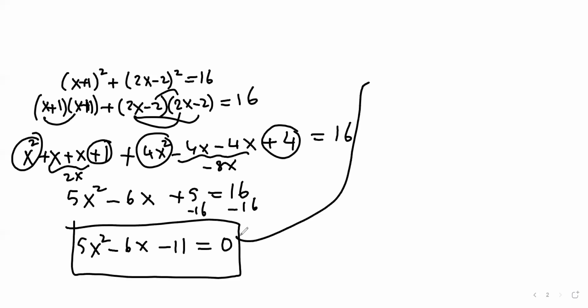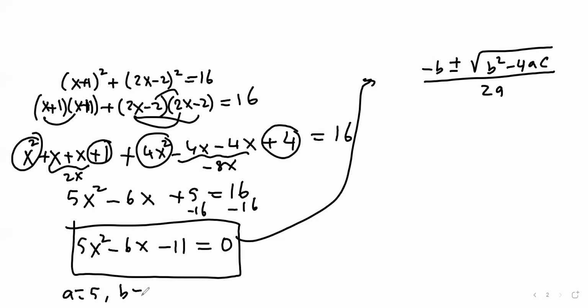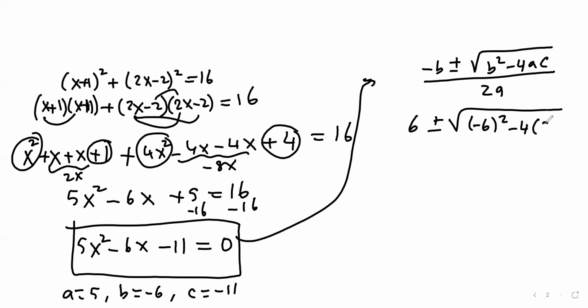This is a quadratic equation, so I can either use the quadratic formula or try to factorize it. Let me just use the quadratic formula: -b plus or minus the square root of b squared minus 4ac, divided by 2a. And a equals 5, b equals -6, and c equals -11. Let's plug those numbers in. -b means 6, plus or minus the square root of negative 6 squared minus 4 times 5 times negative 11, divided by 2 times 5.